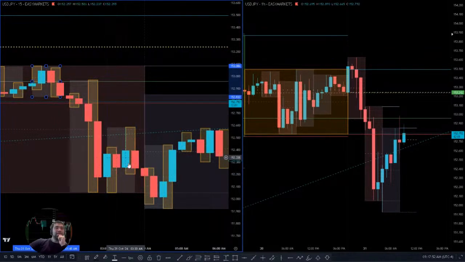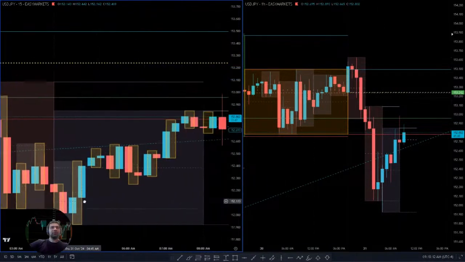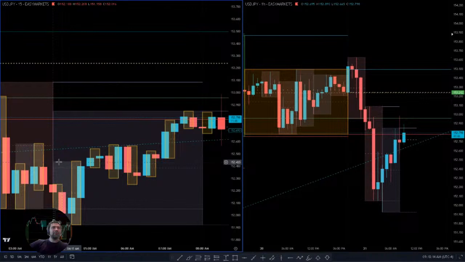But it's confusing and difficult to take a position, so there was a stop hunt right here. Buyers were induced and simultaneously sellers were induced, and then buying came back. This would have been harsh.